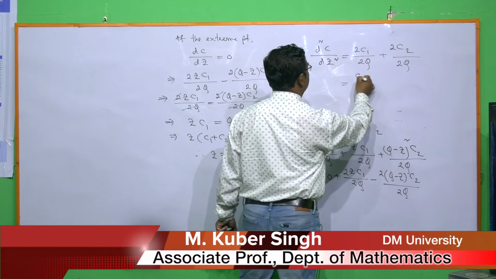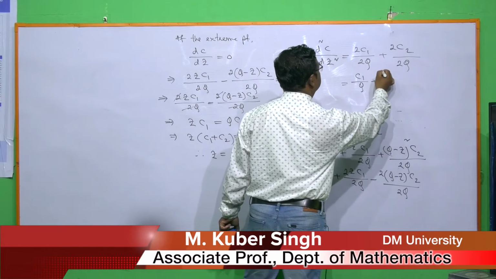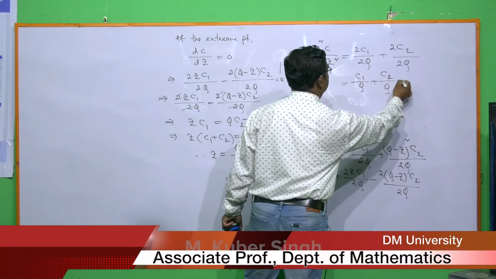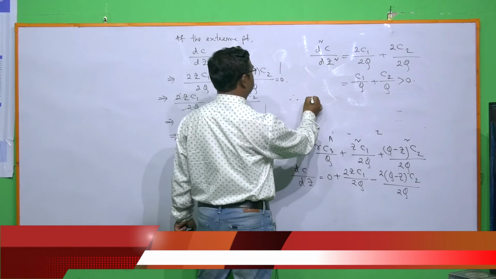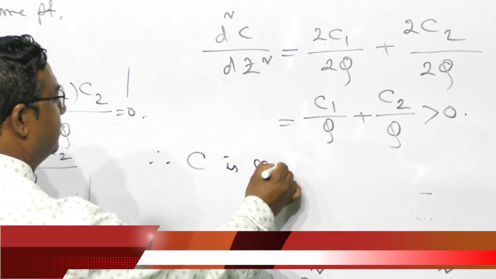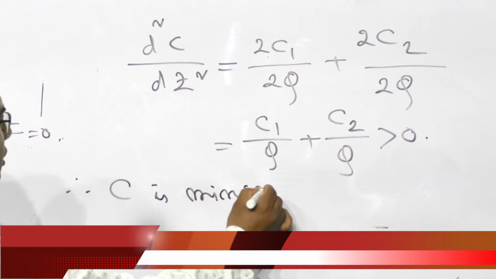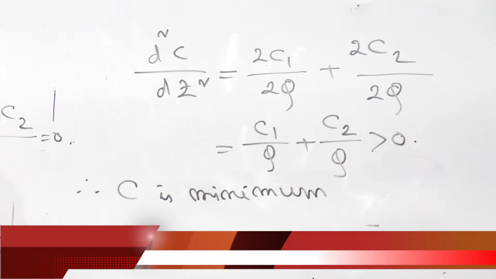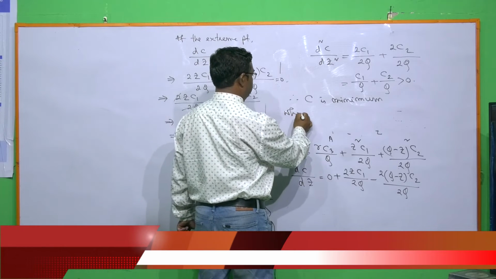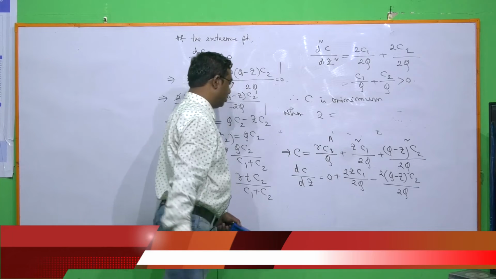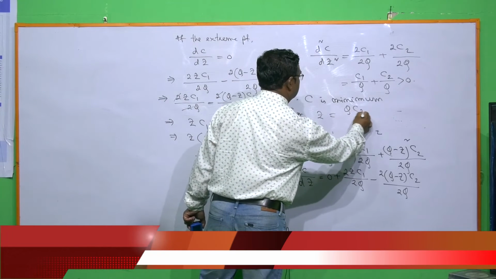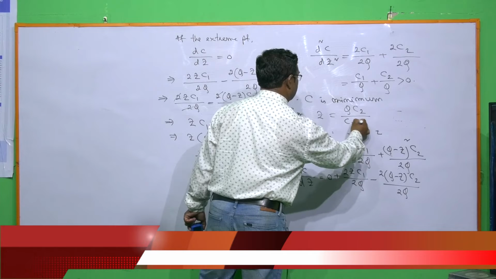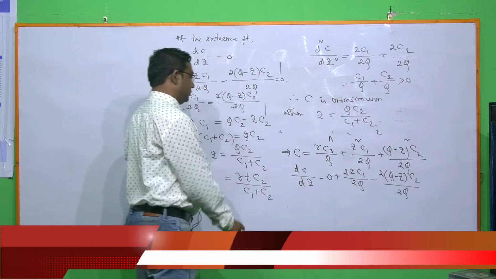We can cancel 2, so this is C1 by Q plus C2 by Q, which is greater than 0. Therefore, C is minimum when Z equals QC2 by (C1 plus C2).